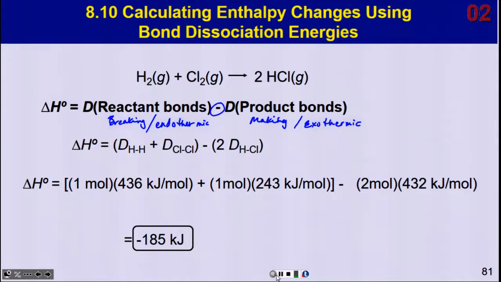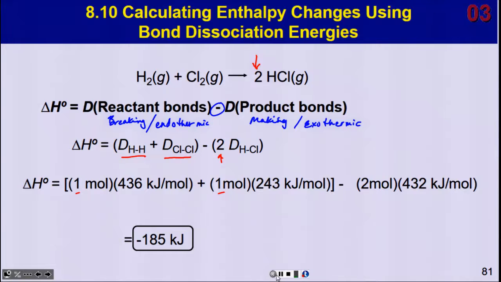So for the overall process, we take the bond energy for H2 and the bond in Cl2, and subtract from that, here we go, stoichiometry, 2 times the bond energy for HCl. From the chart, if you have the numbers where you can refer to them in your text, it's 436 kilojoules per mole for hydrogen, and we'll just need one of those, and 1 times the chlorine-chlorine bond, which is 243.